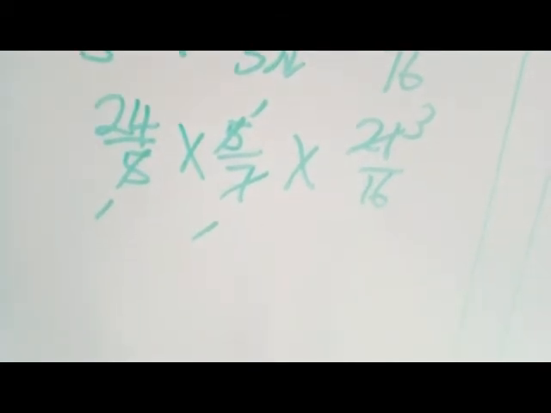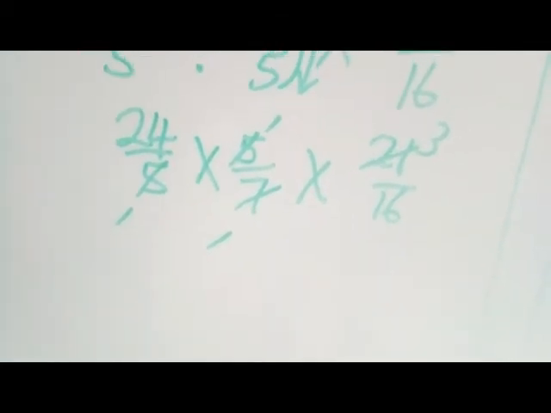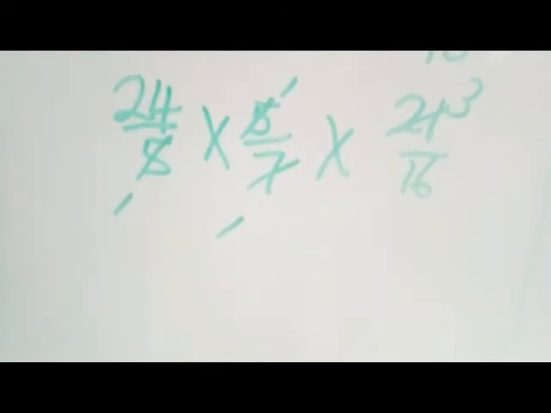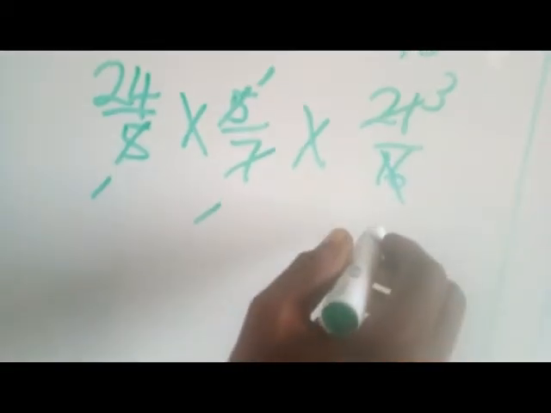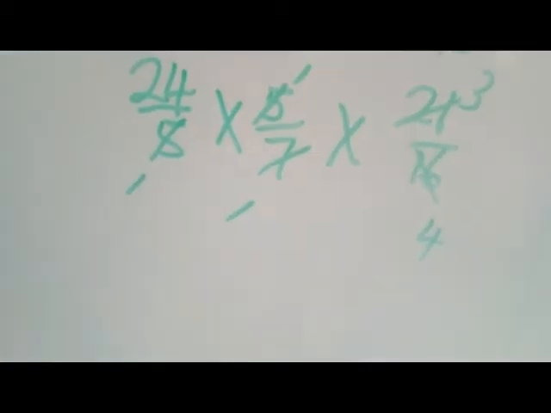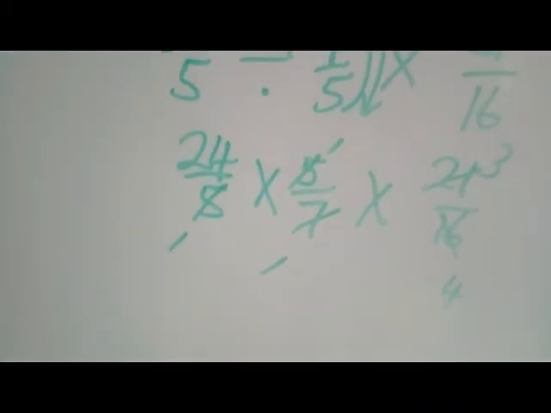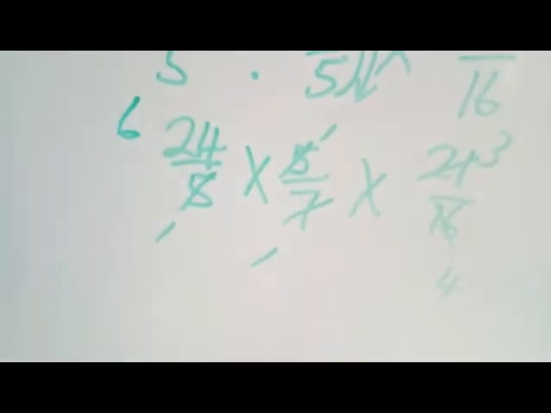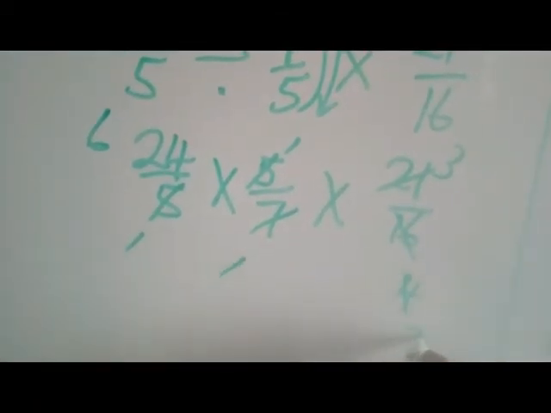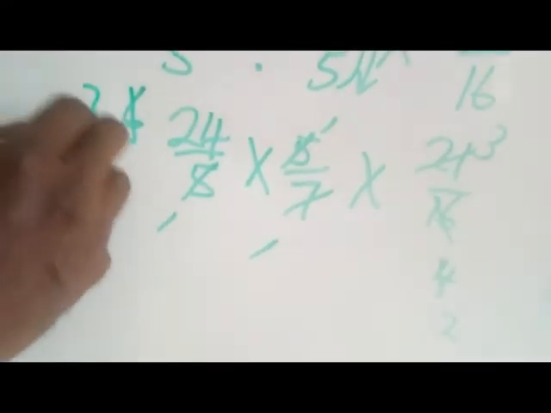Which factor can divide both of them without a remainder? Let me use 4. 16 divided by 4 gives me 4. 24 divided by 4 is what? 6. 2 can as well go: 2 here, 2 goes here, 3.